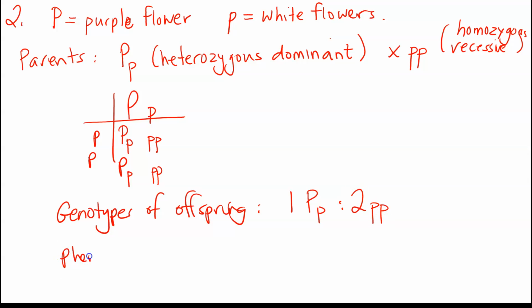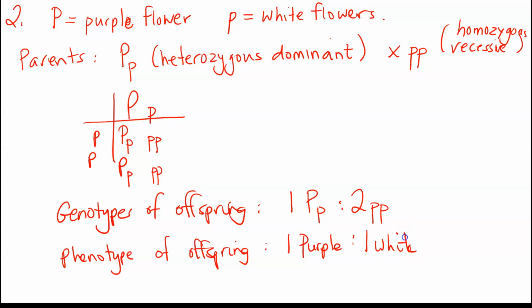And the phenotype of offspring is going to be 1 purple flower to 1 white flower. Okay, and that is the answer to question number 2.